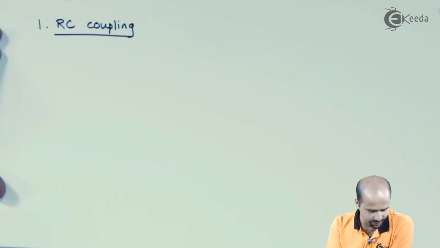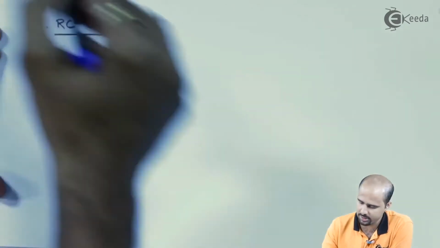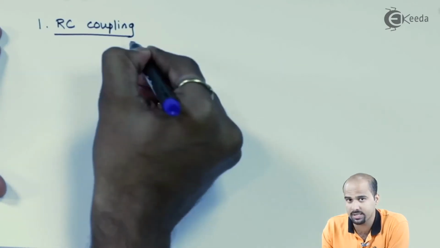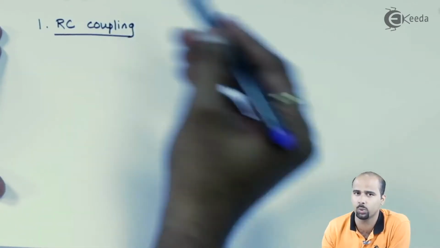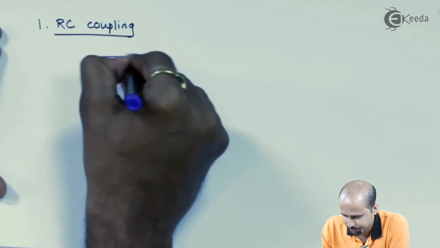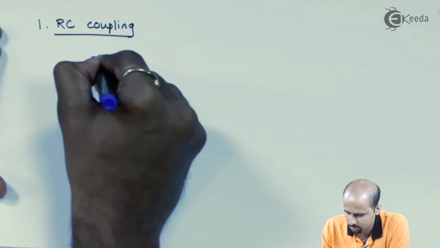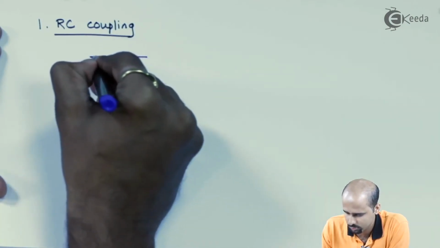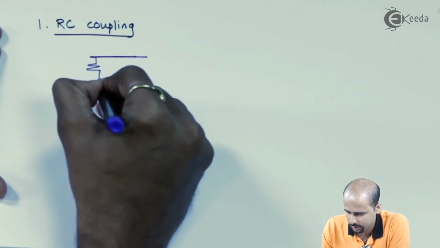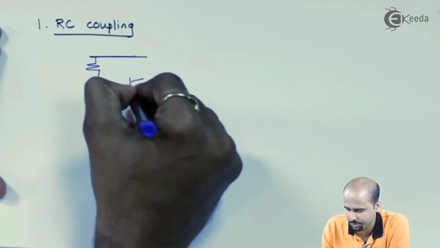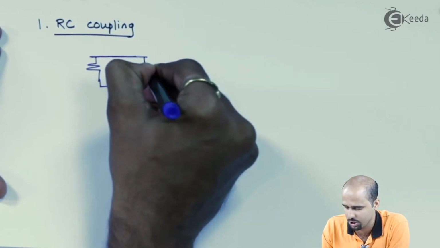I will draw the diagram, and then we will get to know how it is getting connected. Even though R and C are used, the connection orientation will be different. Take the live example of using a BJT as an amplifier in the first stage.